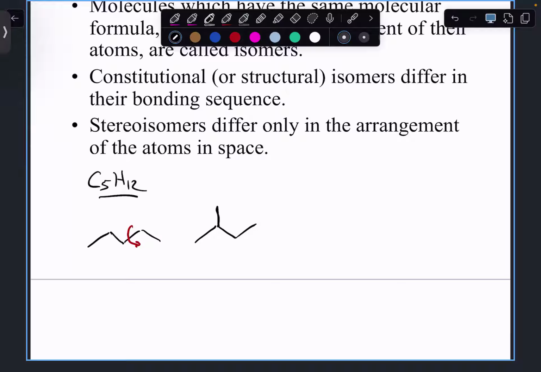What about this one? Is that different? These two are actually identical, right? I just took this and flipped it over. Those are actually identical. Oh, what about this?